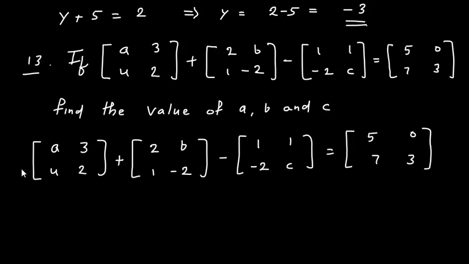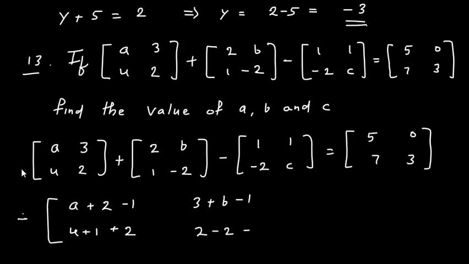Okay, so again we add element by element, corresponding elements we add. So here we have a plus 2 minus 1, then the second element we have 3 plus b minus 1. Here in the second row we have 4 plus 1 minus minus, it is plus 2, and the fourth element we have 2 minus 2 and minus c, and on the right hand side we have 5 0 7 3.